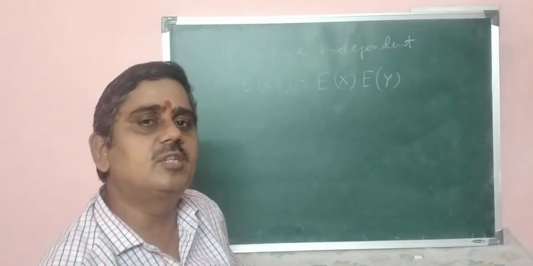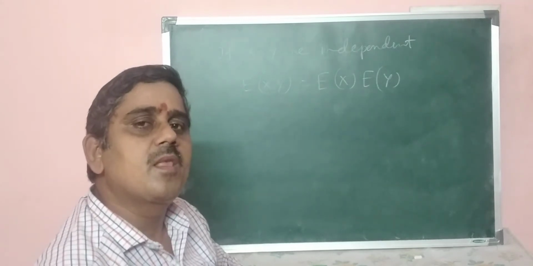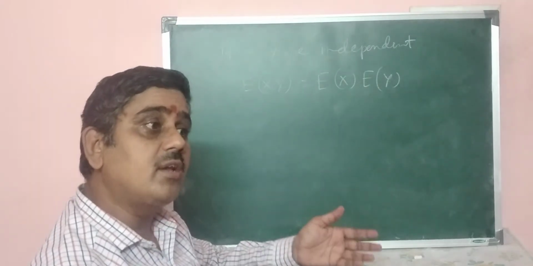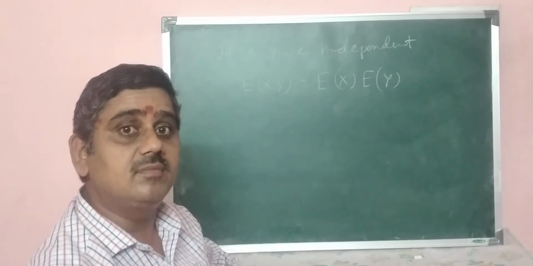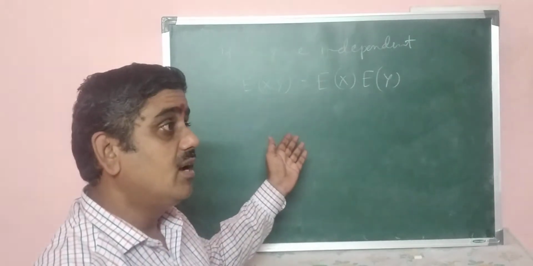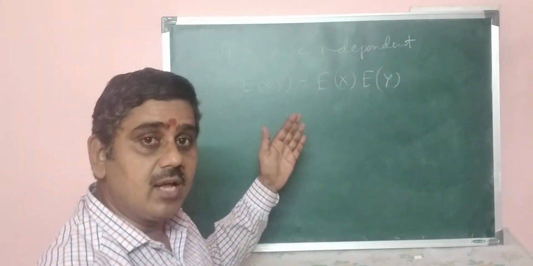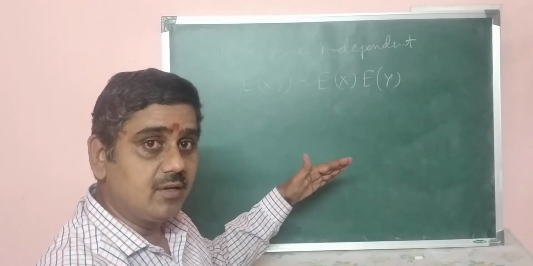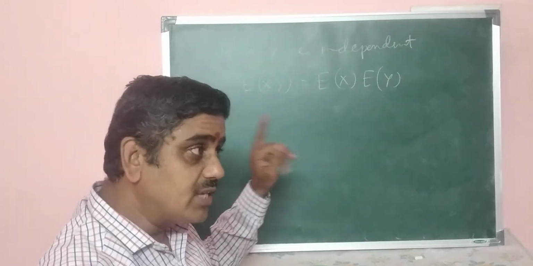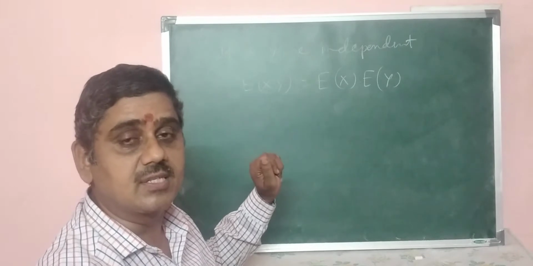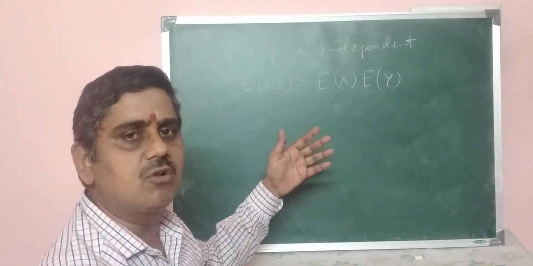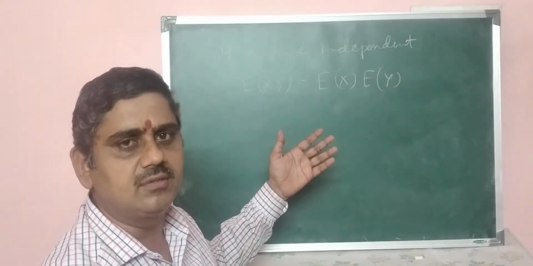Now we can calculate the covariance term, because expectation of xy and expectation of x into expectation of y relate to the formula of covariance. Therefore, directly we can calculate covariance and then correlation.